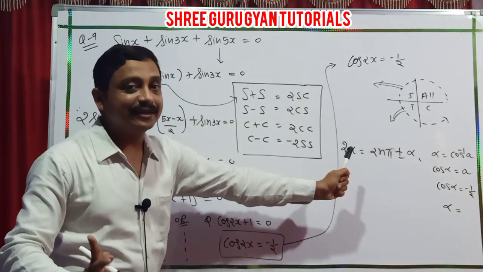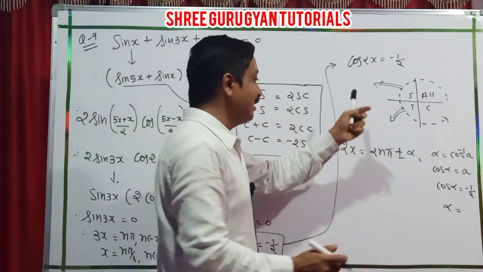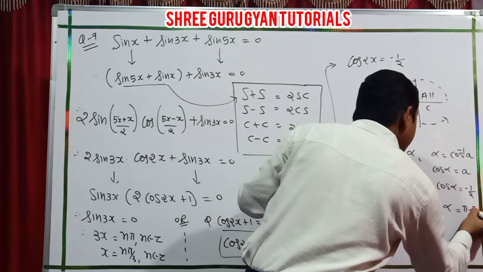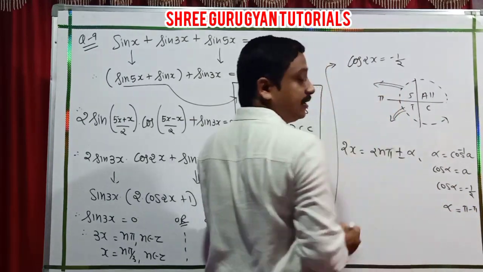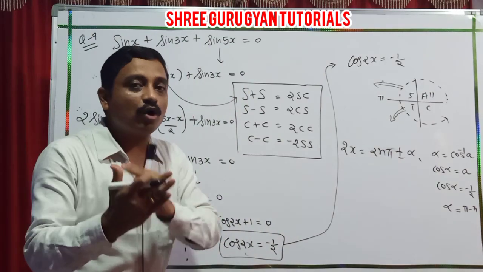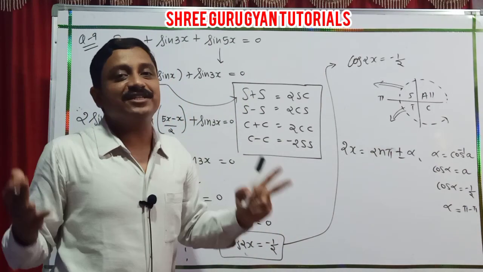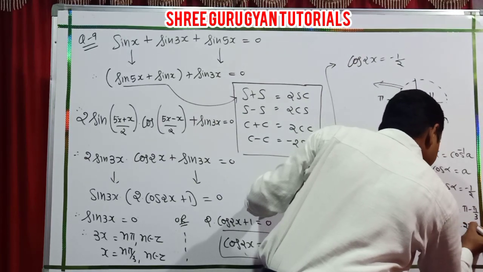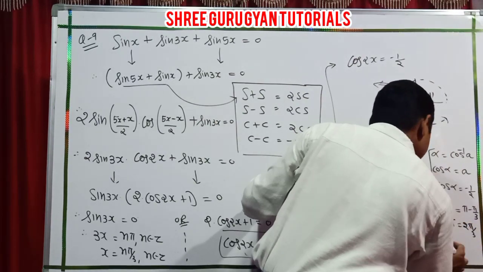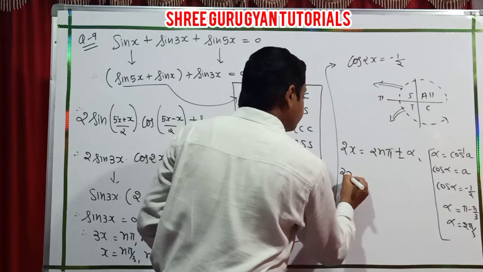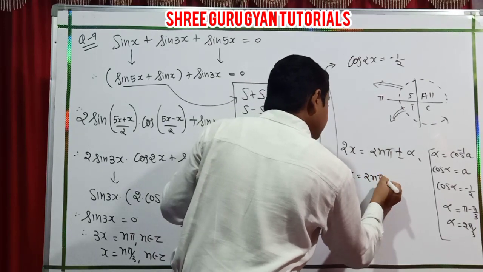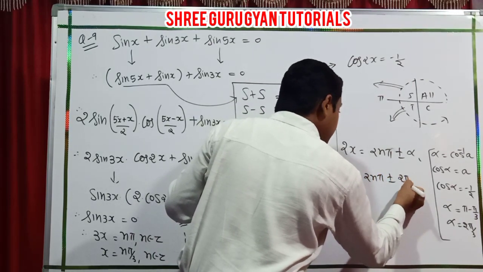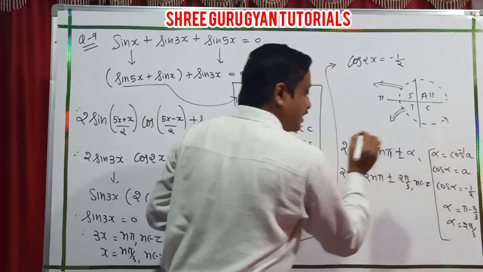Second and third. I write down second, pi minus pi by 3. And students, when cos is half, the angle is 60 degrees, 60 means pi by 3. So my answer is 2 pi by 3. So 2n pi plus or minus 2 pi by 3, n belongs to Z.